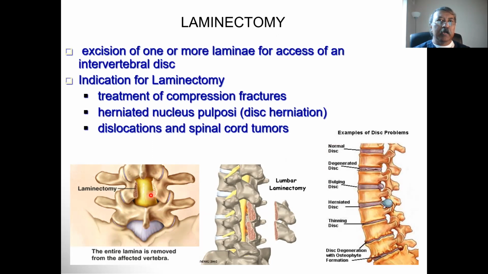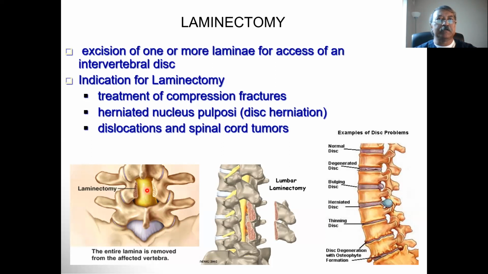So it is covering the underneath yellow structure, which we don't see, which is the spinal cord or the nerve root structure or the dura sac. Now, in order to get to this yellow substance, which is our target area, the spinal cord, nerve roots, or dura sac, what we have to do is cut this lamina, remove this lamina, remove this transverse process.